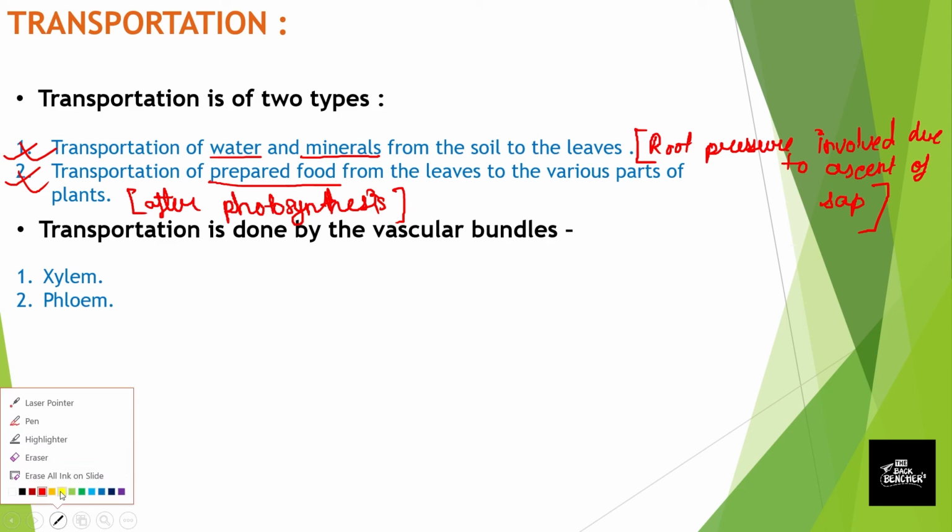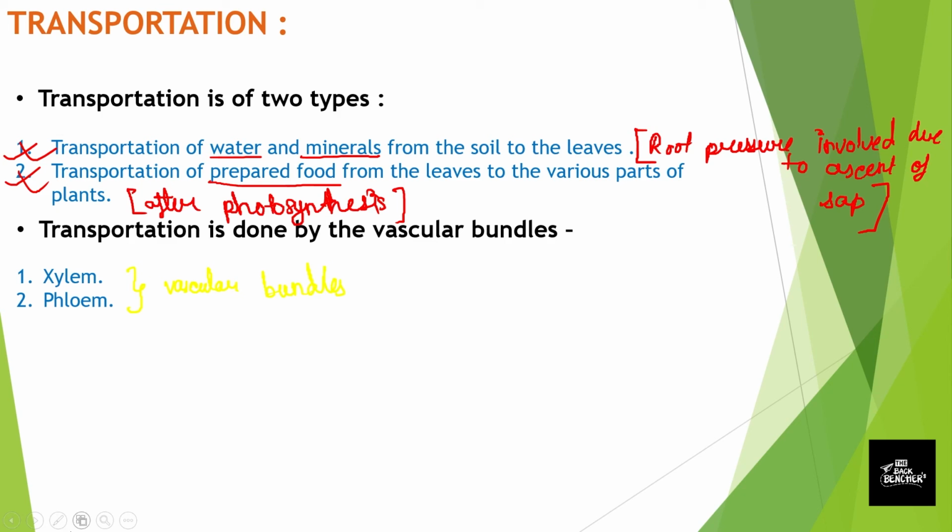You all have studied xylem and phloem in your junior classes, and xylem and phloem together are basically referred to as the vascular bundles. Why are they referred to as vascular bundles?